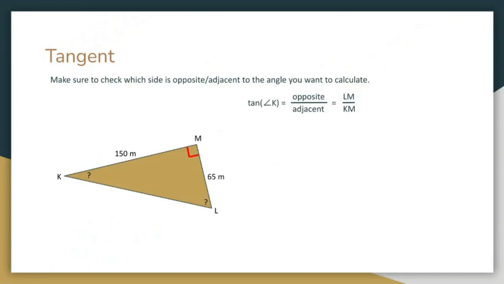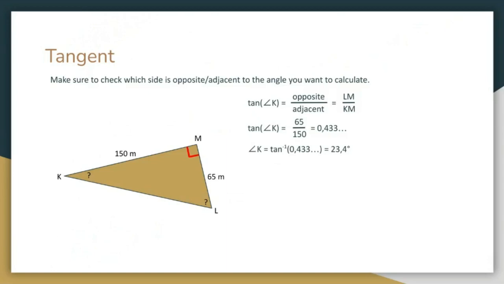For our second line, we fill in the numbers we have. LM is 65 meters and KM is 150 meters. 65 over 150 is something we can calculate. It's roughly 0.433. We then take the inverse tangent of this number and receive an angle of 23.4 degrees.